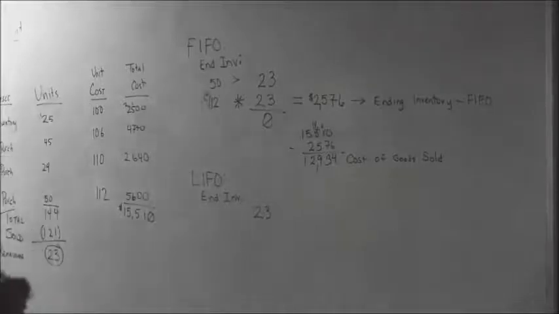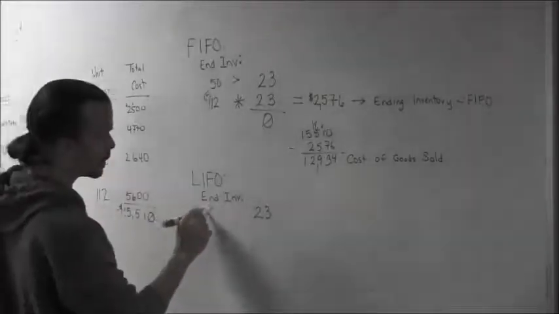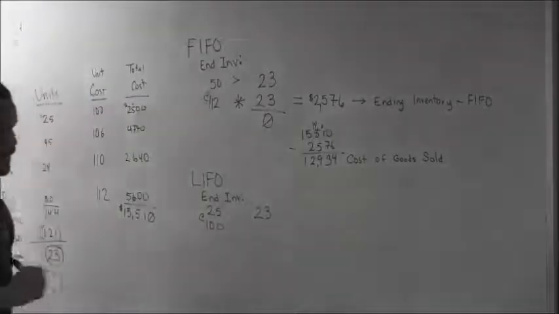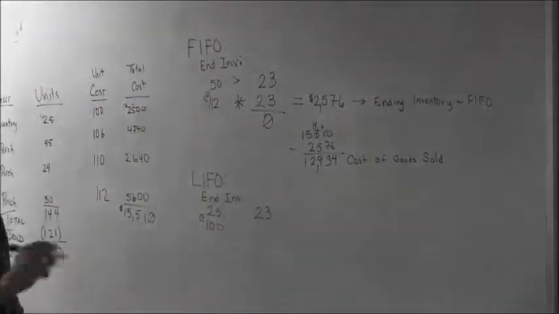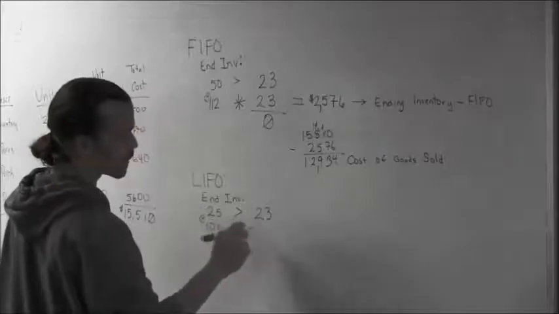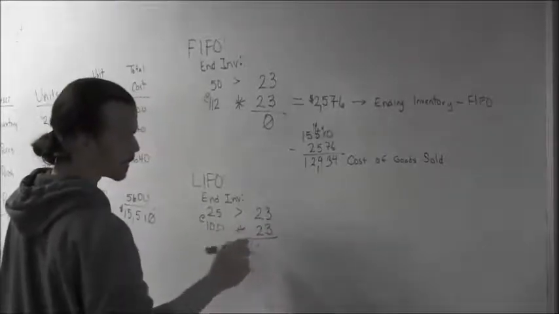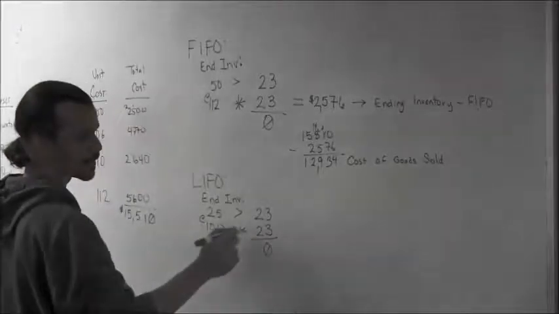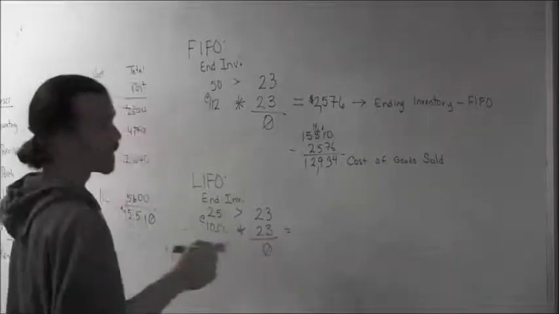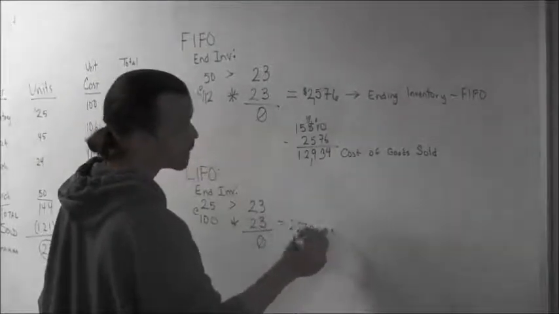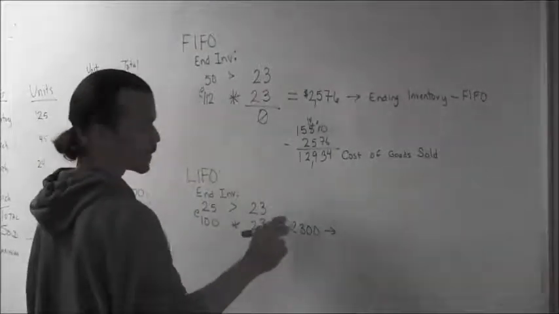So we have 25 units here that we purchased at 100. Those 25 units are more than enough to cover that 23. So I only need to cover this 23 at $100, and I've covered everything. So 23 times 100 will give me 2,300. That is my ending inventory LIFO.